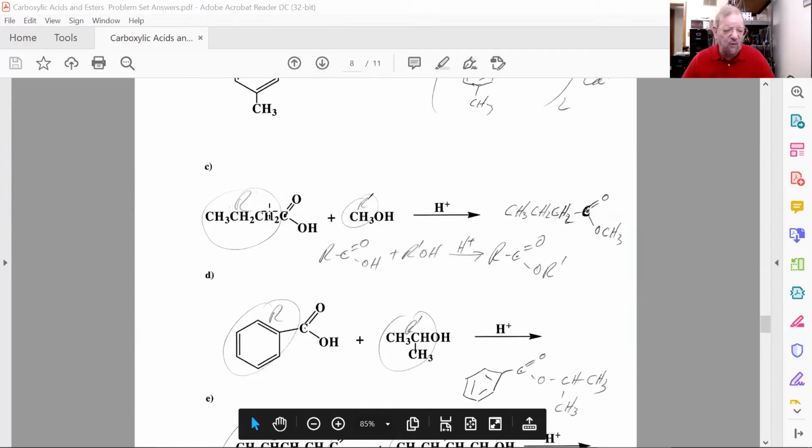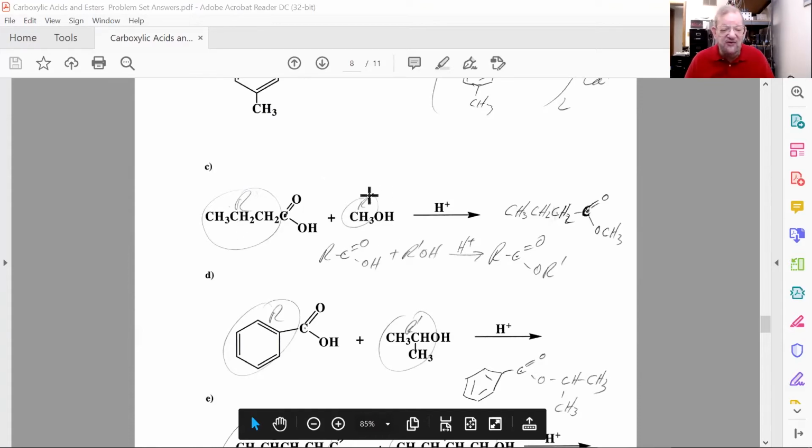And what do we have here? Carbon hydroxy group, alcohol, and acid catalyst, H plus is the acid catalyst. And carboxylic acid, alcohol, H plus, you form an ester. What's R? This group right here. What's R prime?